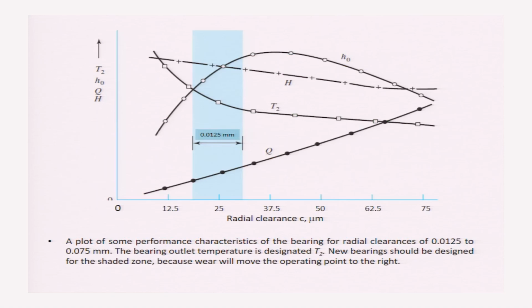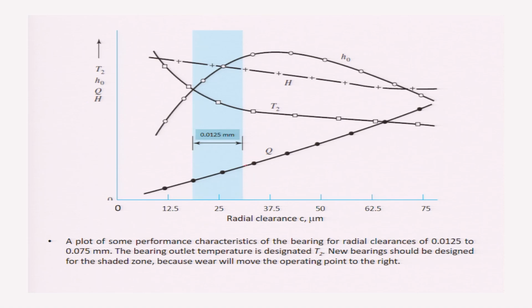This is a schematic diagram showing the effect of radial clearance on different performance parameters, such as the outside temperature of the lubricant, the temperature of the lubricant which is coming out from the clearance space, minimum film thickness, flow rate, and the heat generation and heat loss.